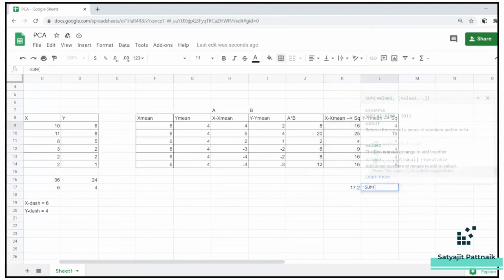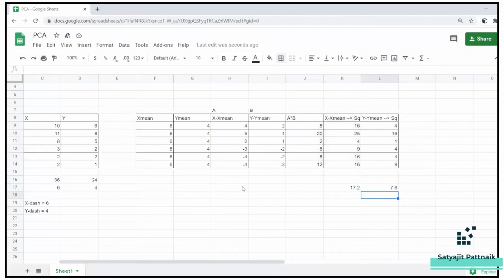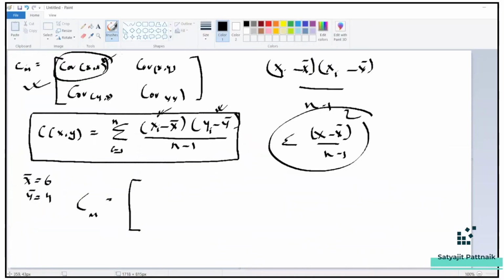So my x minus x mean square and my y minus y mean square sums are this much, divided by 5. So this value will be 17.2. This value will be 7.6.